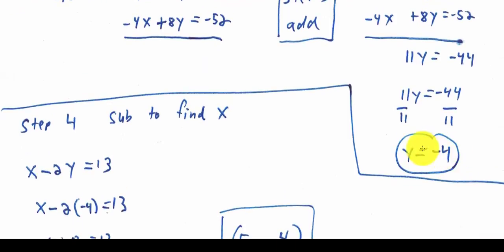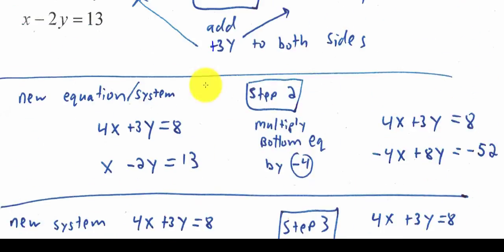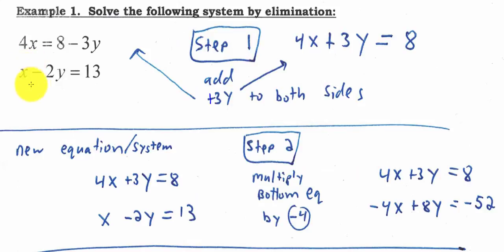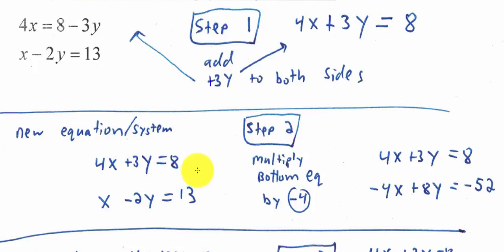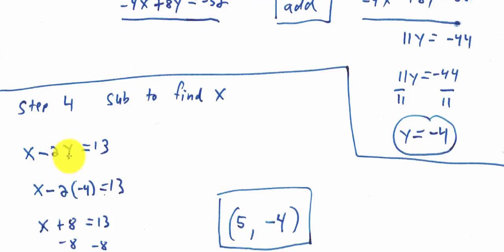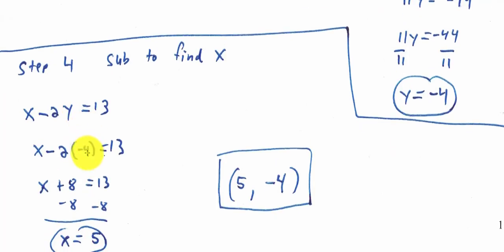To find x, we can take y equals negative 4 and sub it into either of these two equations. It doesn't matter which one. Okay, so I took the bottom equation, the x minus 2y equals 13, and I sub in negative 4 for y. So you see I do that here. And when we simplify, we get x equals 5. I'd like you to write your solution as an ordered pair, 5 comma negative 4.